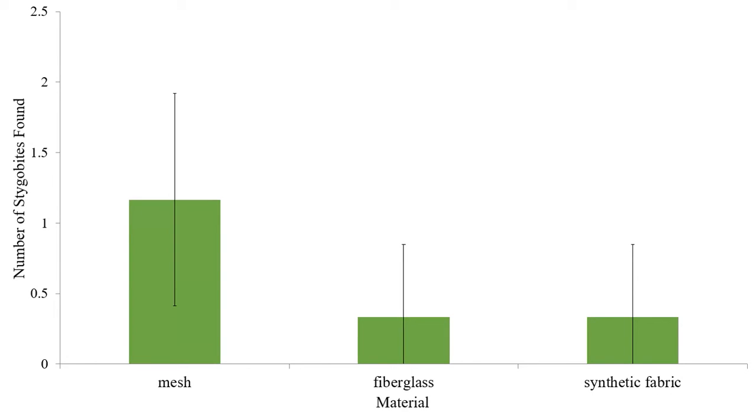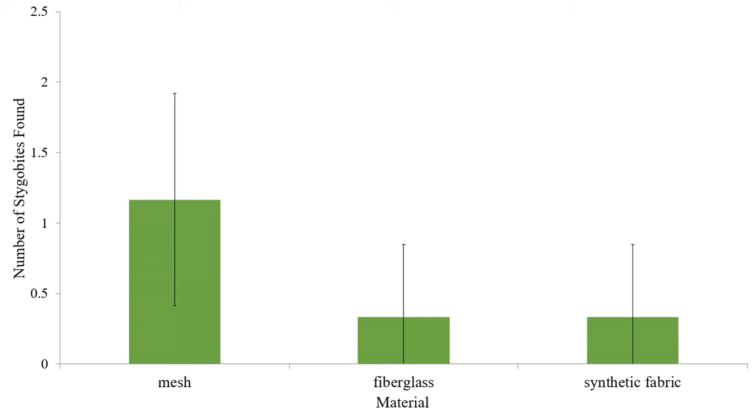For material, I have material on the x-axis and the number of stegophytes found on the y-axis. And you can see that mesh had a much higher average of stegophytes found, and fiberglass and synthetic fabric had the same average and the same standard deviation.